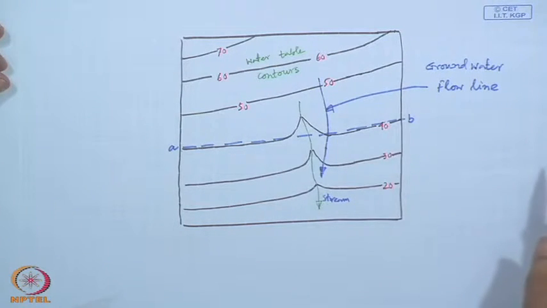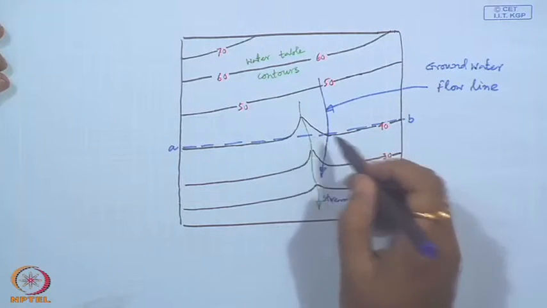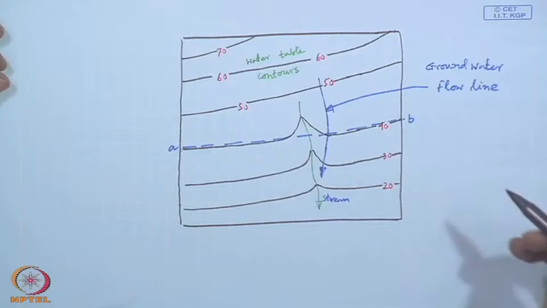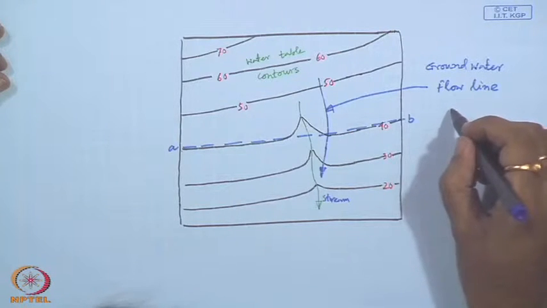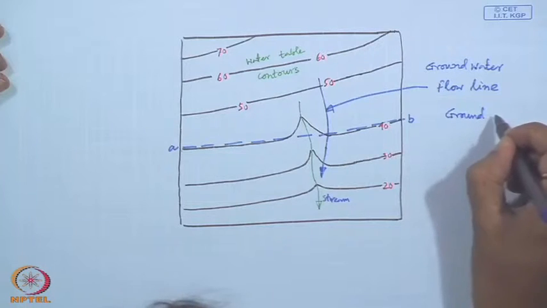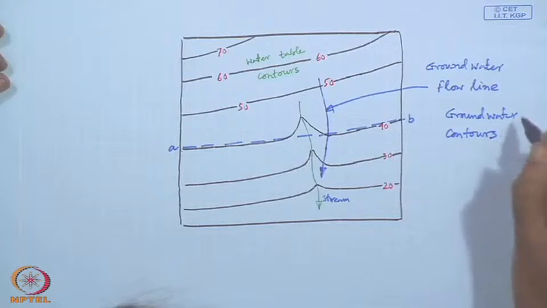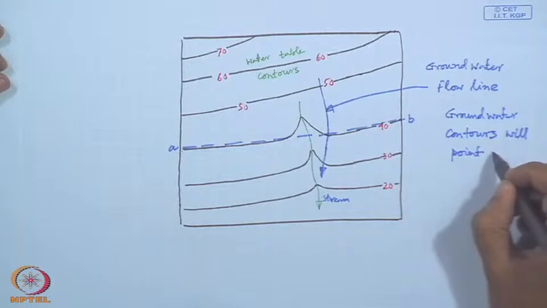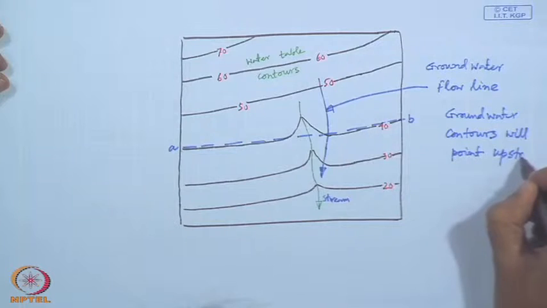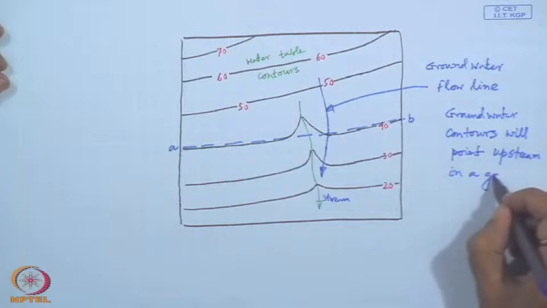So, in a line cross section, the water table is at a lower elevation at the intersection point, and in this case we can say that our groundwater contours will point upstream in a gaining stream.